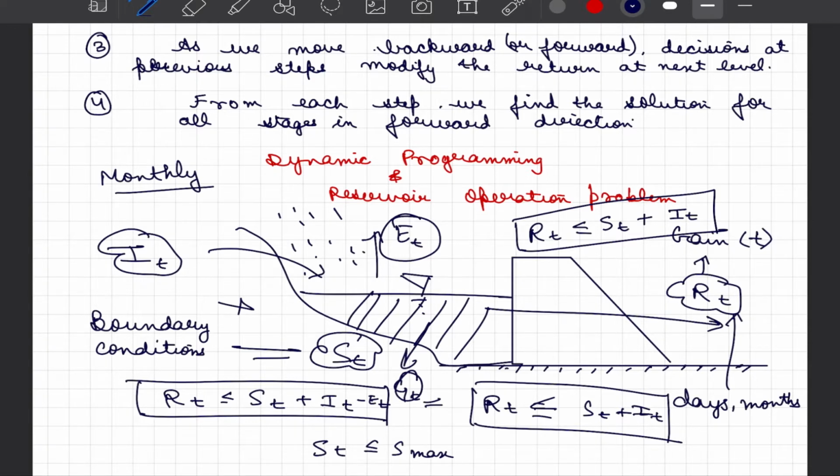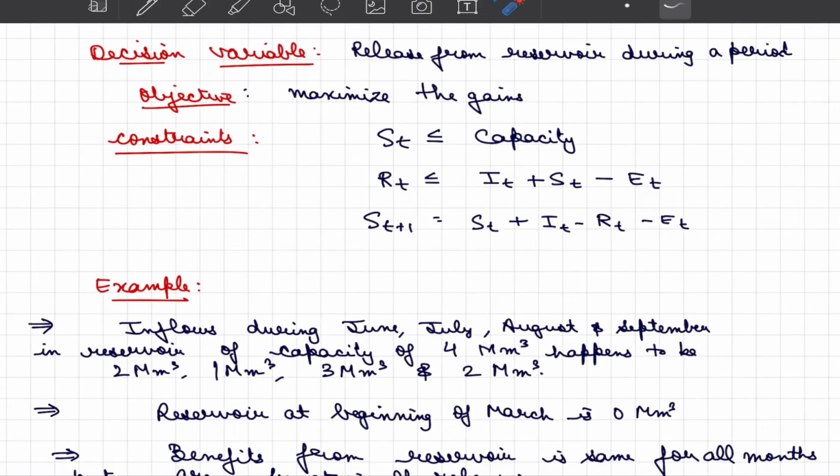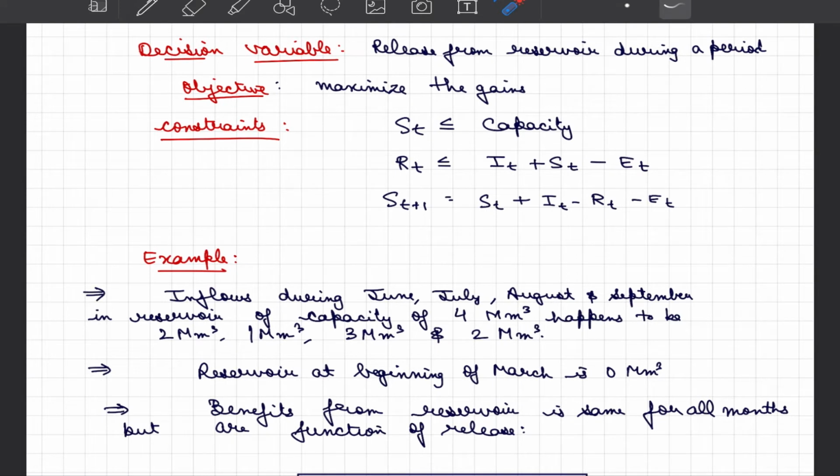As I said, losses should be subtracted, that is minus E_t minus G_t, but for simplification, after ignoring all the losses, we can write R_t is less than S_t plus I_t. Now, with this introduction, we can try to state this problem of reservoir operation as an optimization problem.